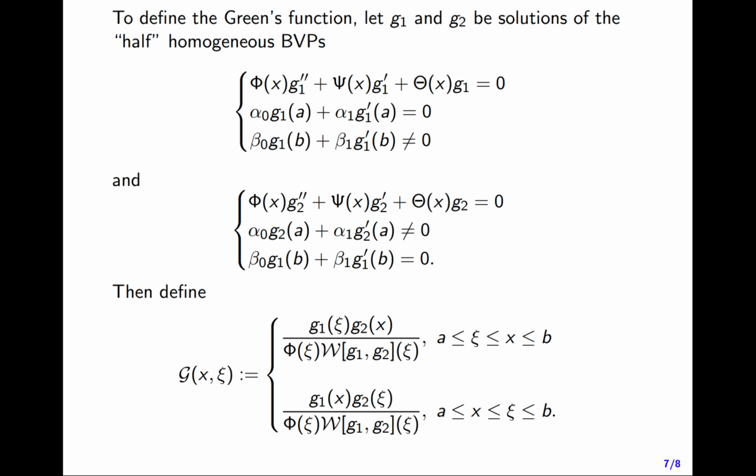For c less than or equal to x, it's g1 of c, g2 of x. And for x less than or equal to c, it's g1 of x, g2 of c. So g1 of c, g2 of x for c less than or equal to x, the c's are always on the left of x. And g1 of x times g2 of c for x less than or equal to c, the x's are now on the left of c. At least that's how it sort of helps me to remember it.